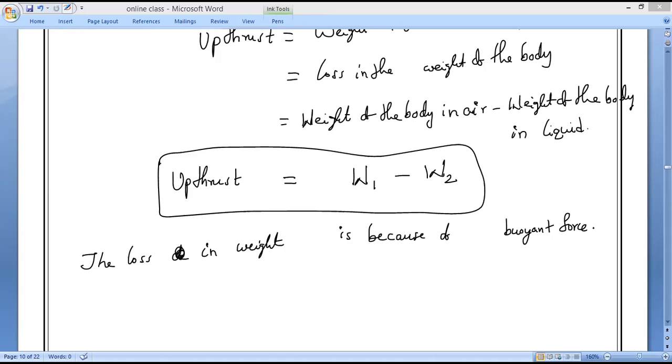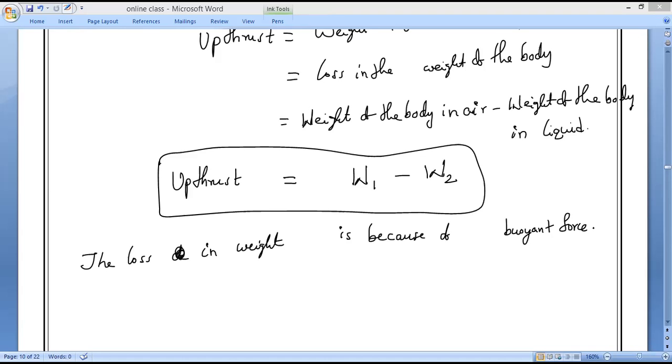So this is how the Archimedes principle works. Remember, Archimedes principle is very simple. The buoyancy force acting on an object is equal to the weight of the liquid displaced by the object.